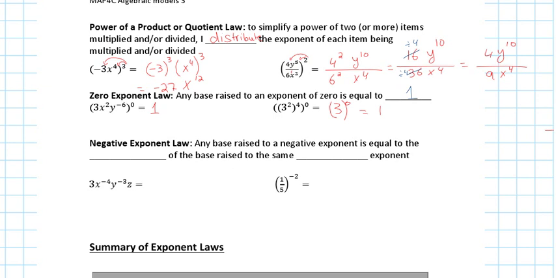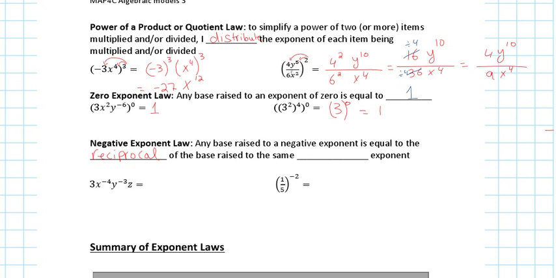How about the negative exponent law? Any base raised to a negative exponent is equal to the reciprocal of the base raised to the same positive exponent.